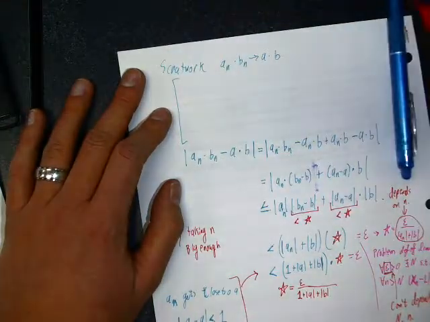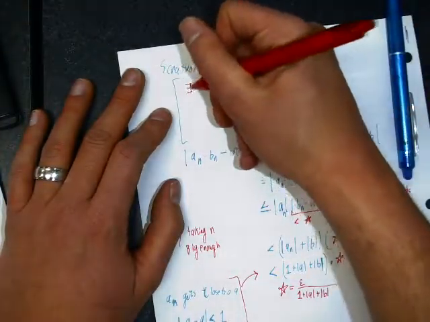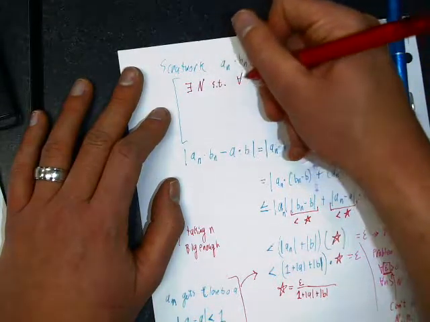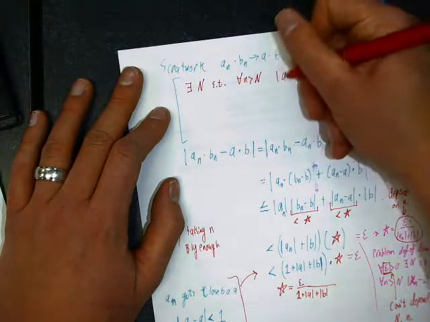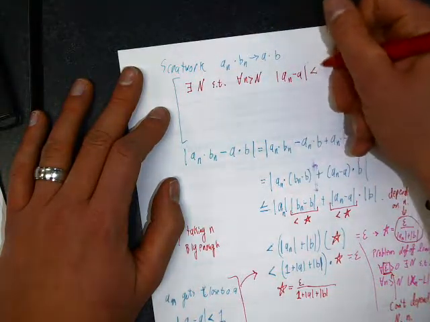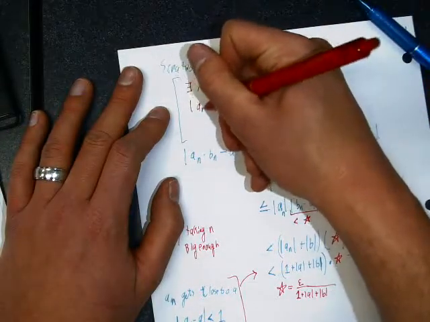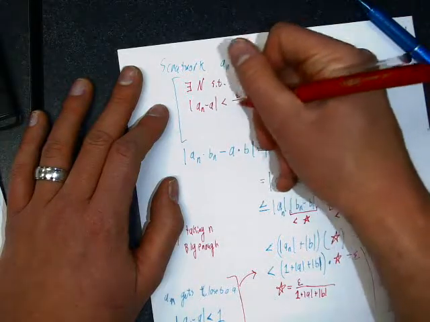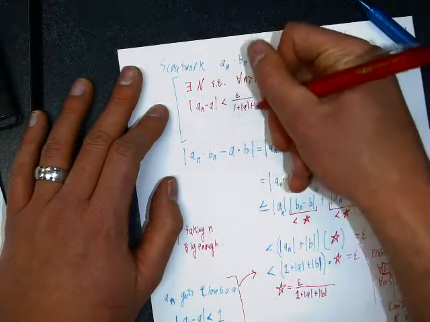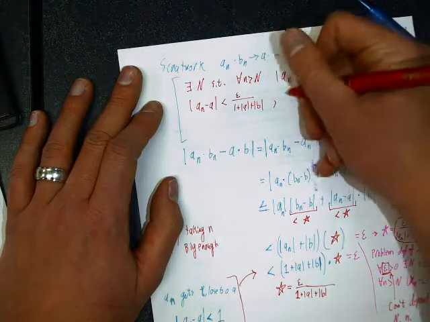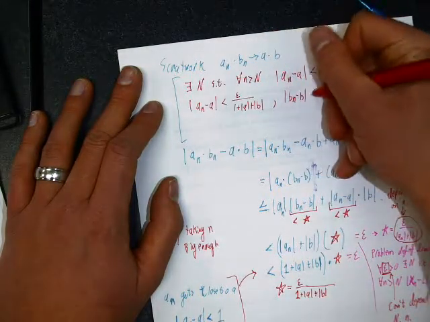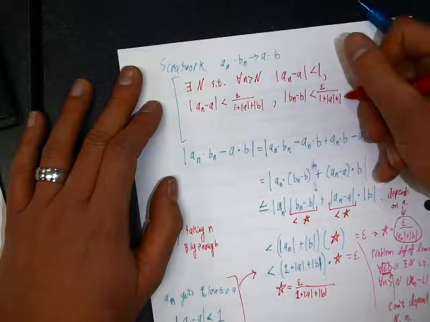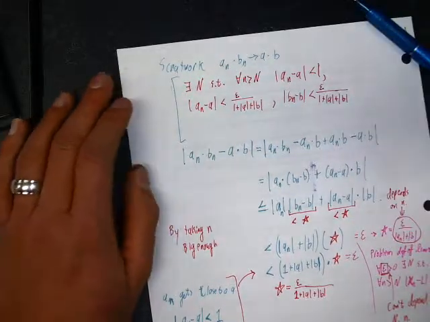It looks like I'll eventually need the absolute value of a sub n minus a less than 1, the absolute value of a sub n minus a less than epsilon divided by 1 plus the absolute value of a plus the absolute value of b, and the absolute value of b sub n minus b less than epsilon over 1 plus the absolute value of a plus the absolute value of b. And that'll do the job.